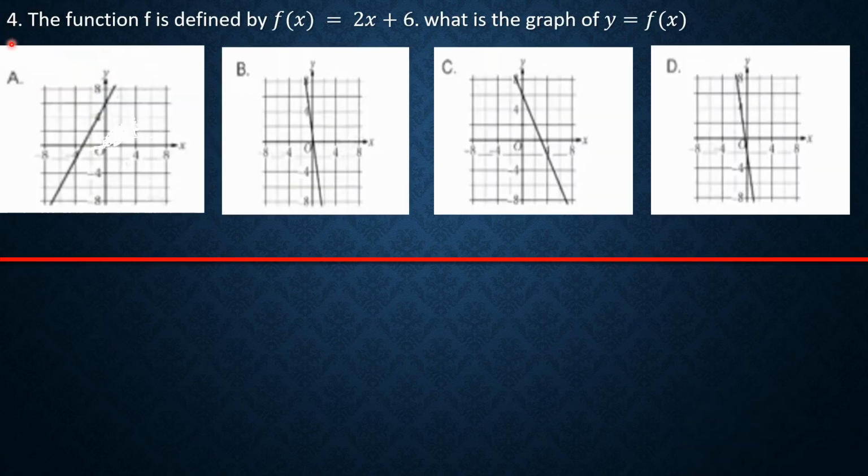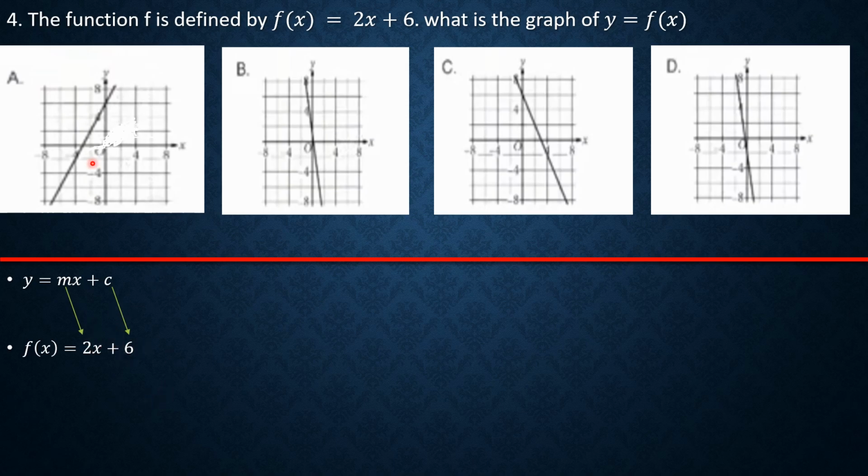Alright, so the next question says the function f is defined by f of x equals that. What is the graph of y equals f of x? So the very first thing is that you notice that f of x is written in the form y equals mx plus c, where we can clearly see that the slope of our f of x is 2, intercept on the y-axis is actually 6. We can correlate that. Alright, so let's just correlate this expression to our f of x. So you notice m is that, c is that.